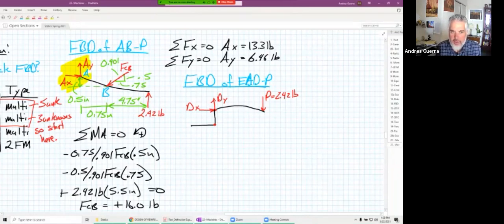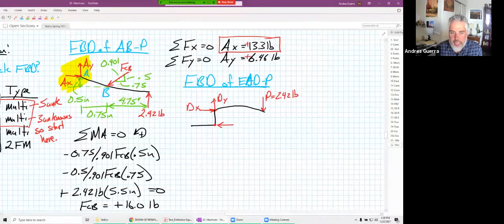So if AX is going to the right on this FBD, we have to draw AX going the opposite direction on this FBD because we found it to be positive, right? We got a positive number here, so it is going this way on this FBD. AX is equal to 13.3 pounds.